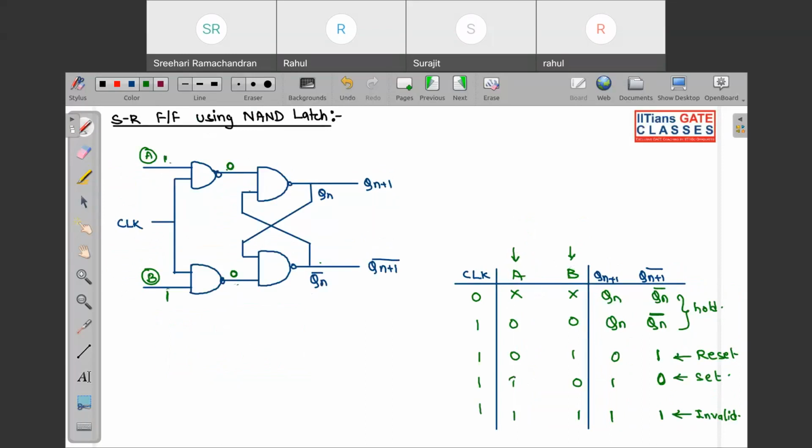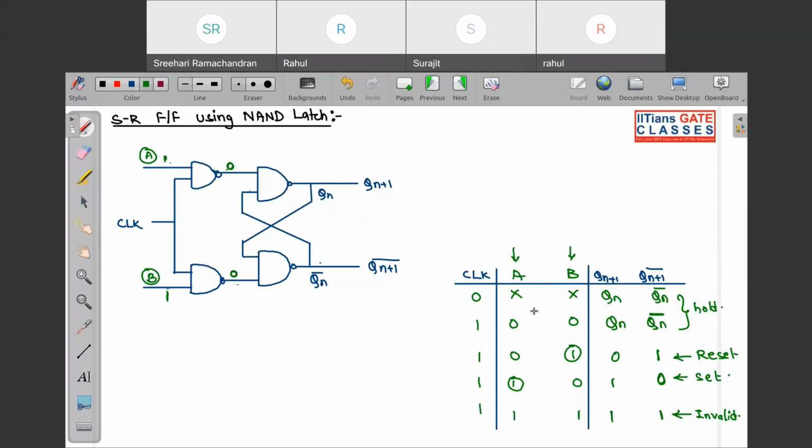When I apply A as 1, I am going to set. When I apply B as 1, I am going to reset. So reset and set states you will get when you apply one of the inputs as 1 and the other as 0. Don't think that applying 1 1 gives reset or set; you won't get that.